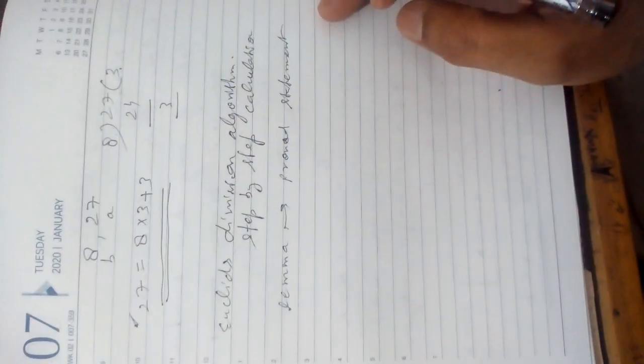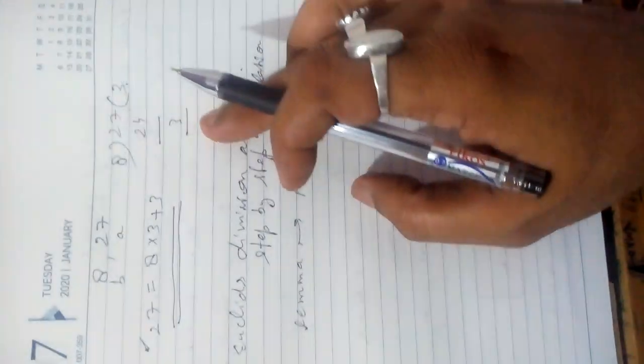The algorithm is the step by step calculation method using the lemma, or any proven statement. Algorithm is using that lemma for your calculation till the remainder is 0.